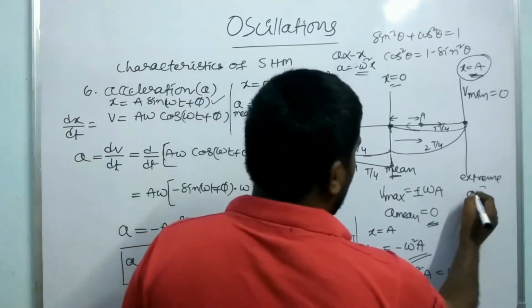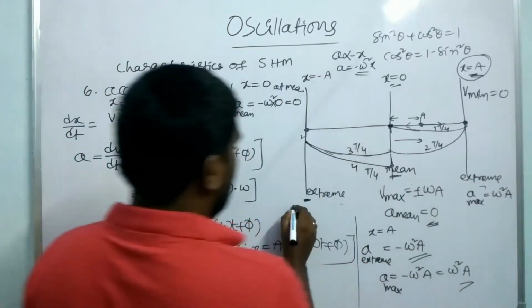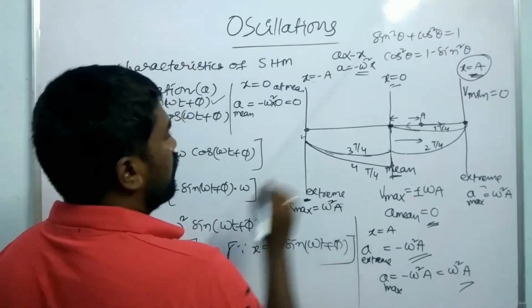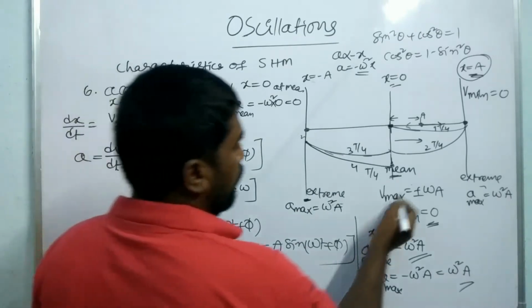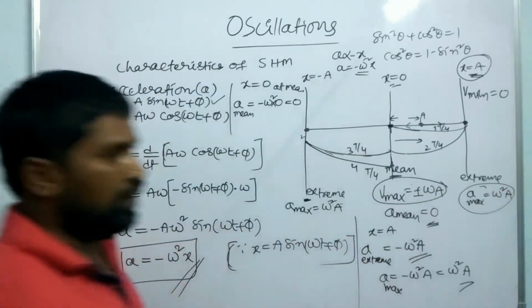A maximum is equal to omega square A. Right? So V maximum is equal to omega A, and A maximum is equal to omega square A.